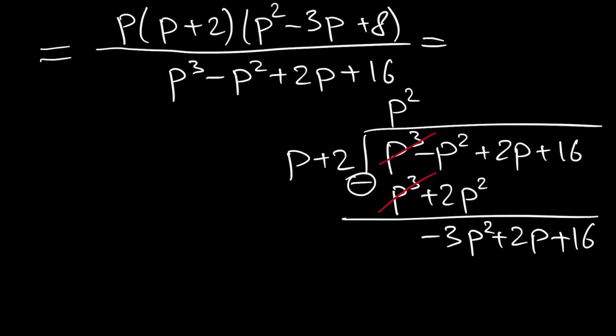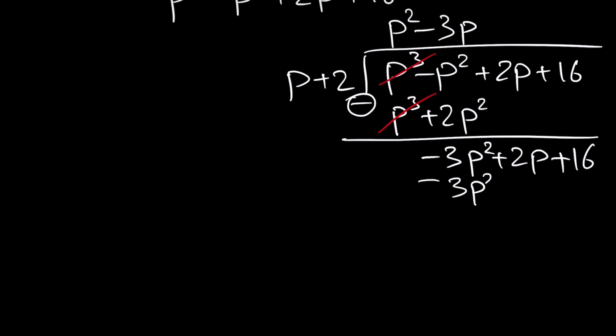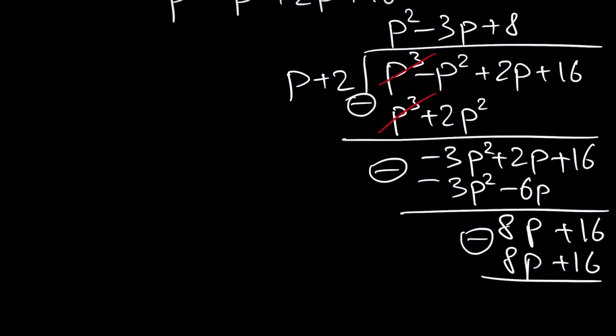And of course, here we have minus 3p. It will give us minus 3p squared minus 6p. After subtraction, it will be 8p plus 16, which gives us here plus 8. And when we multiply 8 by p plus 2, we have 8p plus 16. And after subtraction, it will give us 0.